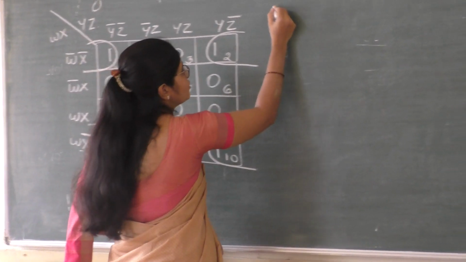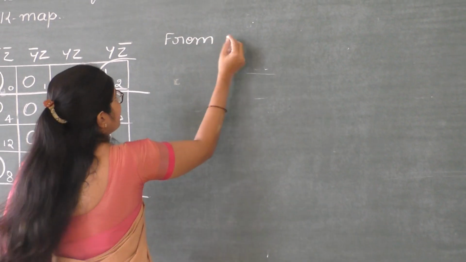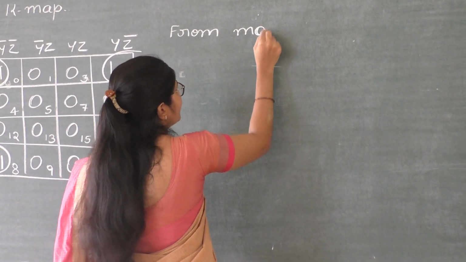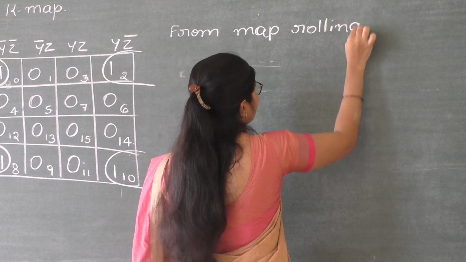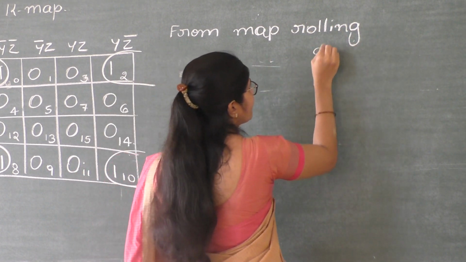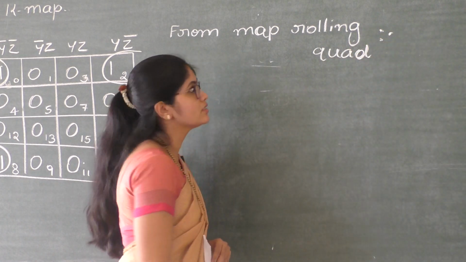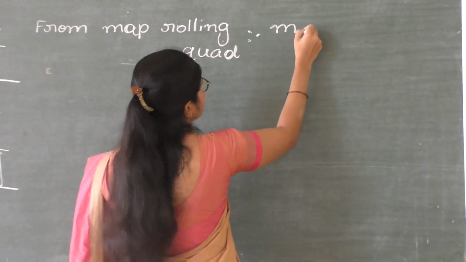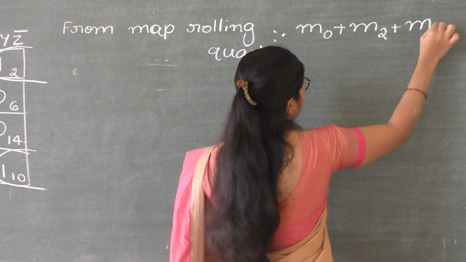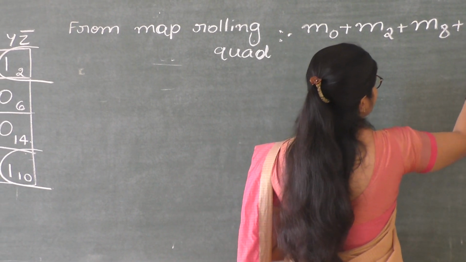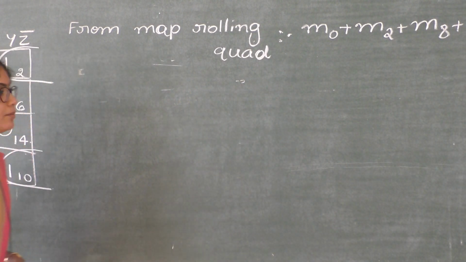Now, using those 4 ones we can form the quad from map rolling, that is by using ones in the 0th square, 2nd square, 8th square and 10th square. Now write the corresponding minterms.